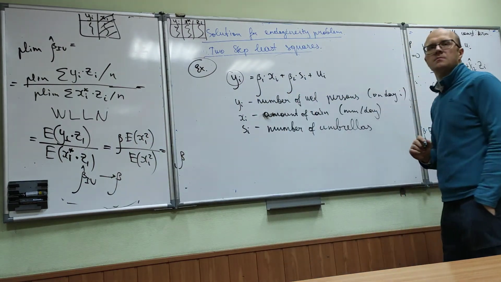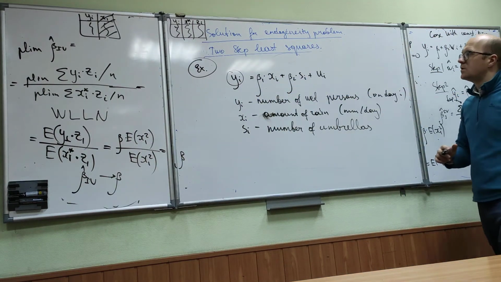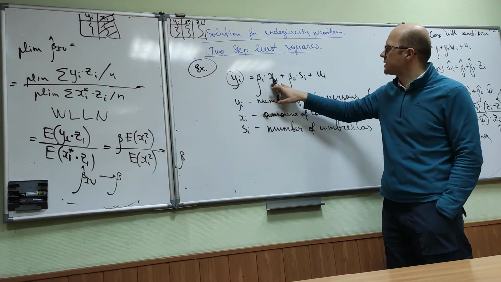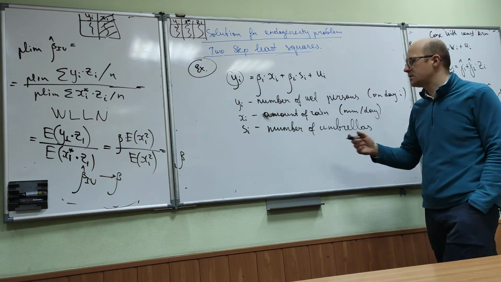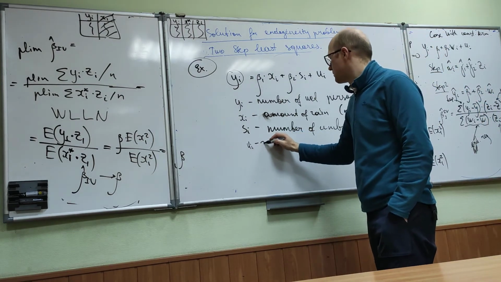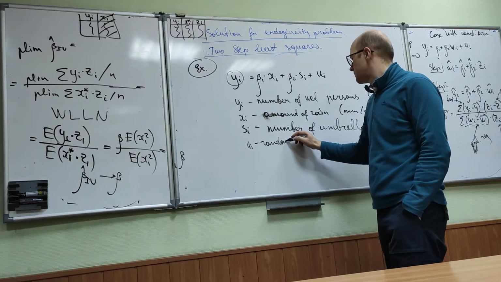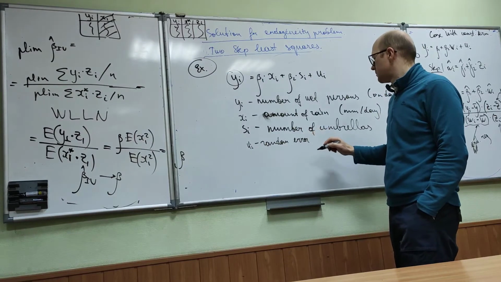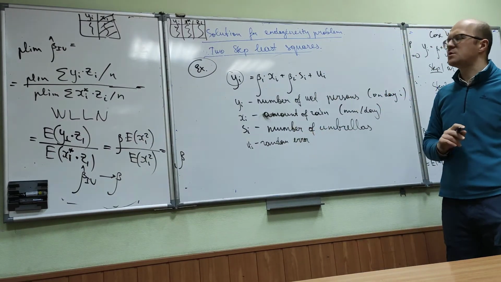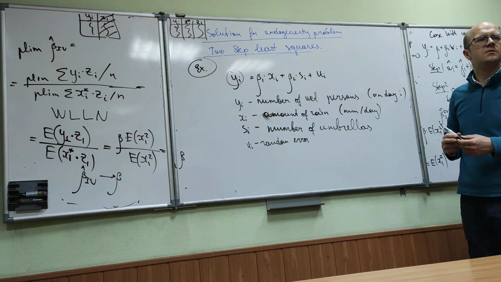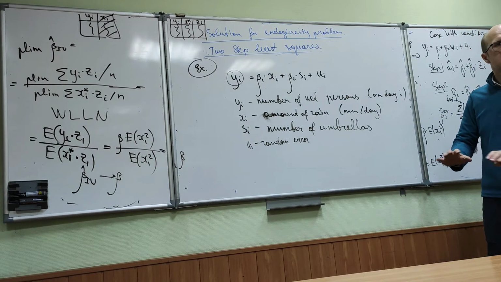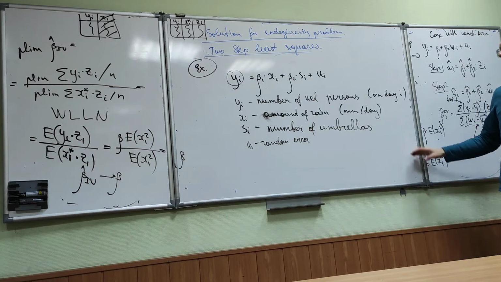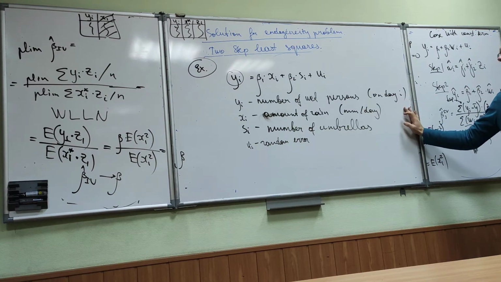Okay? So is beta 1 positive or negative, and is beta 2 positive or negative? And u is some random error. y is the number of wet persons during day i, x is the amount of rain during the same day, and s is the number of umbrellas.